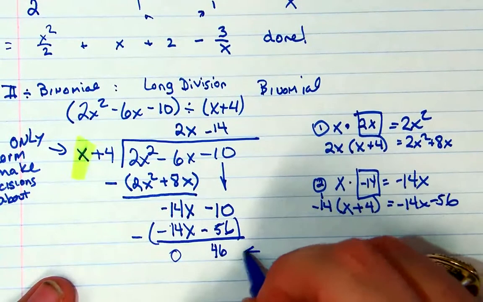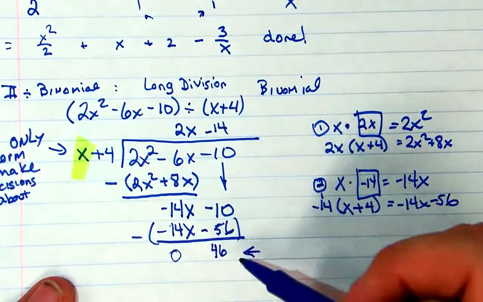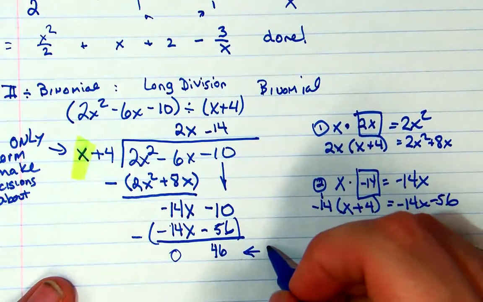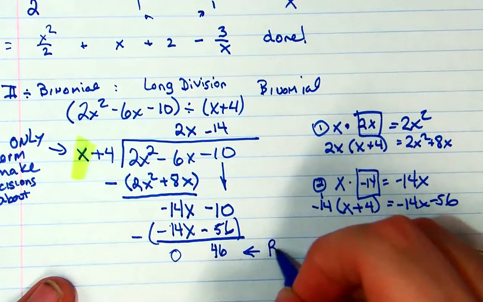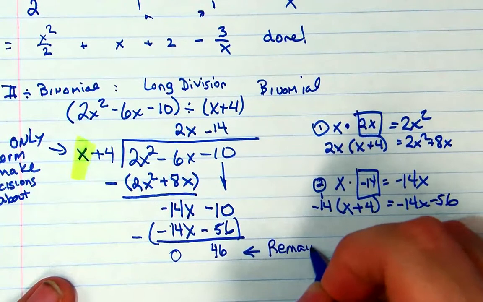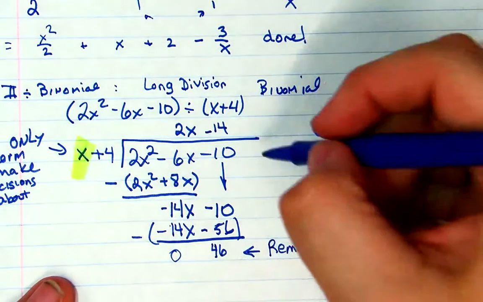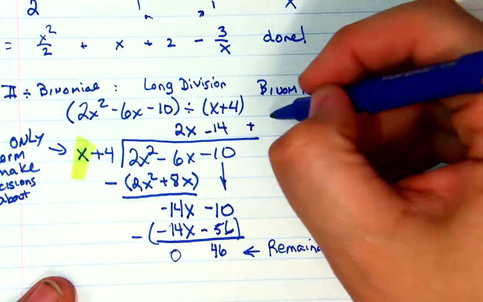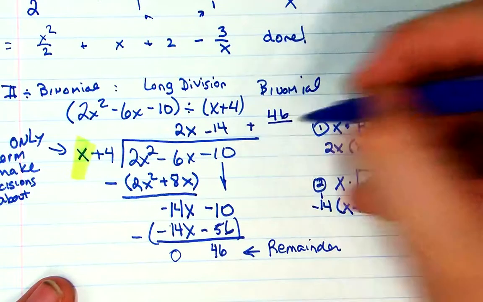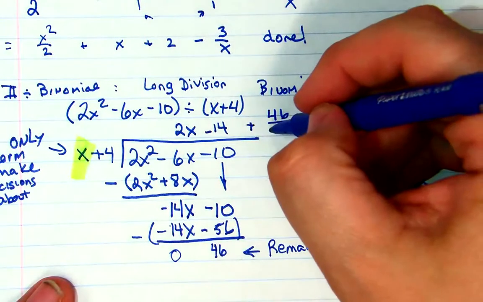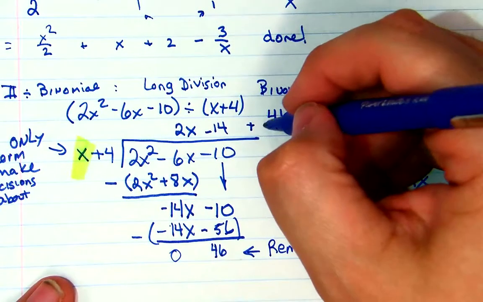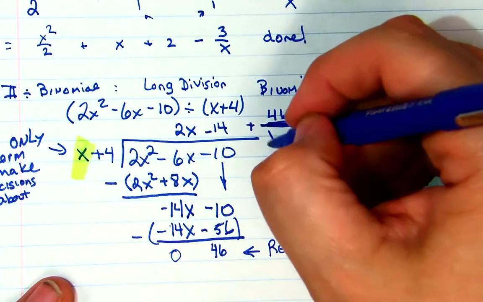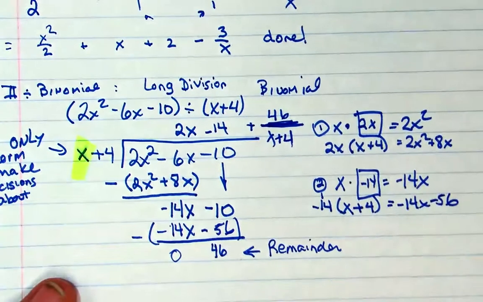Now, since x is done and there's nothing I can multiply by x to get 46, this is what we call a remainder. And what we'll have is plus 46 divided by what we're dividing by. And when you build your remainder, it's 46 divided by x plus 4.